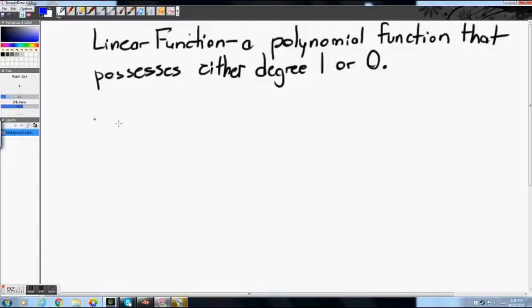If we look at the polynomial x to the third plus 2x squared plus x minus 12, this polynomial has degree 3, because 3 is the highest exponent of any variable term.